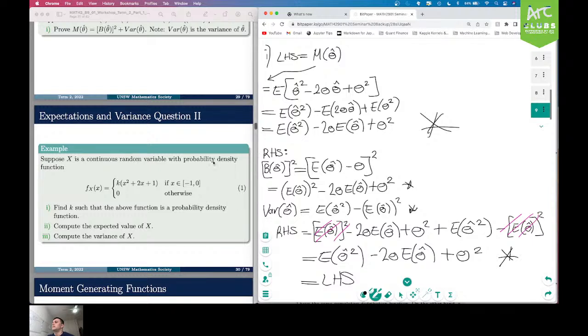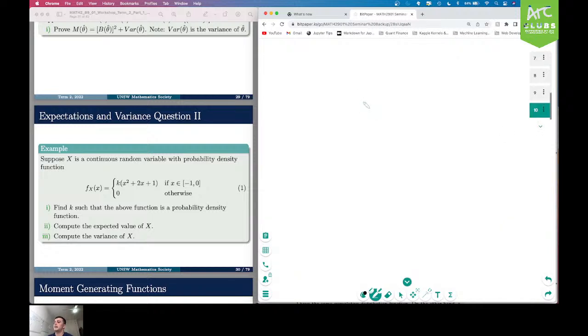Okay. We can use expectation and variance in a slightly more applied setting, with summations and integrals rather. So here's another question in which you will need to use that. Suppose that x is a continuous random variable with probability density function f of x, given as this.